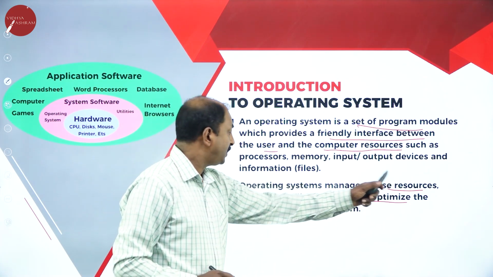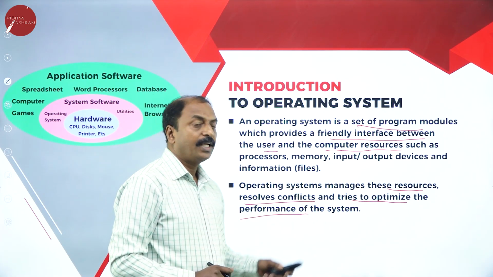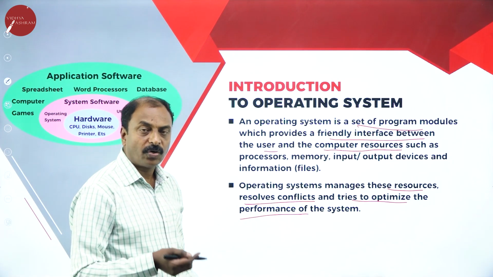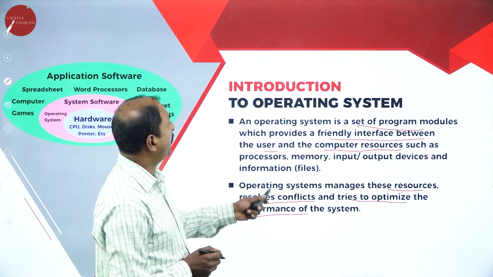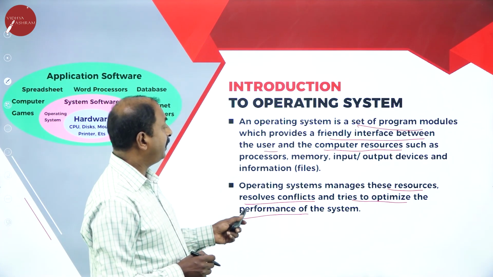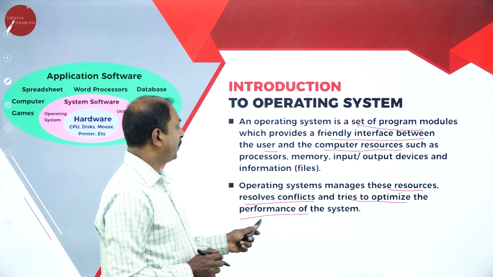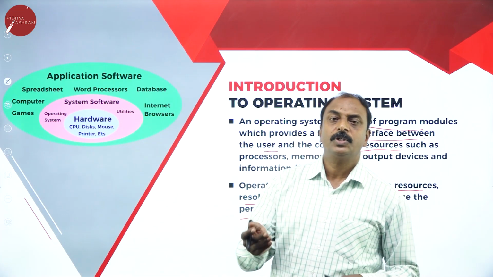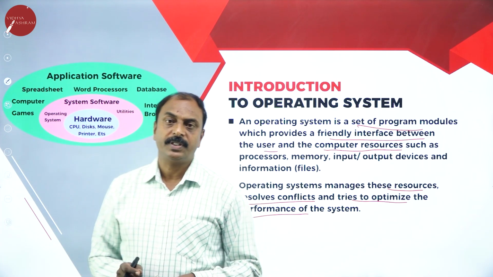That is the meaning of this. And it resolves conflicts. Any conflict between the hardware and software or software and the user, it is going to resolve it. And it is going to optimize the performance, or help us to improve the performance of a computer system.